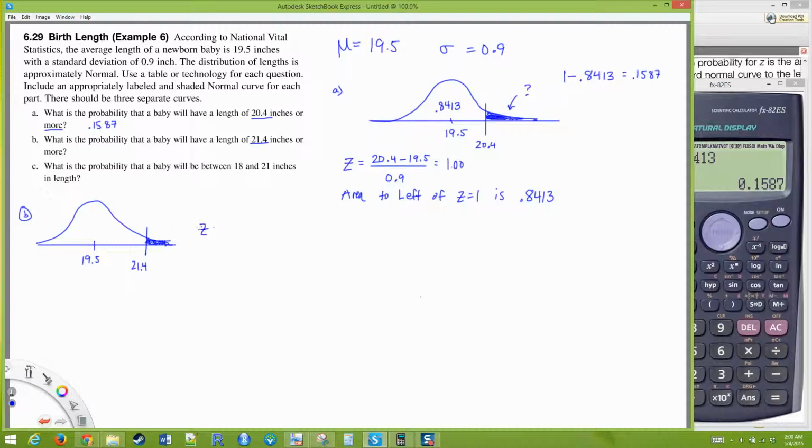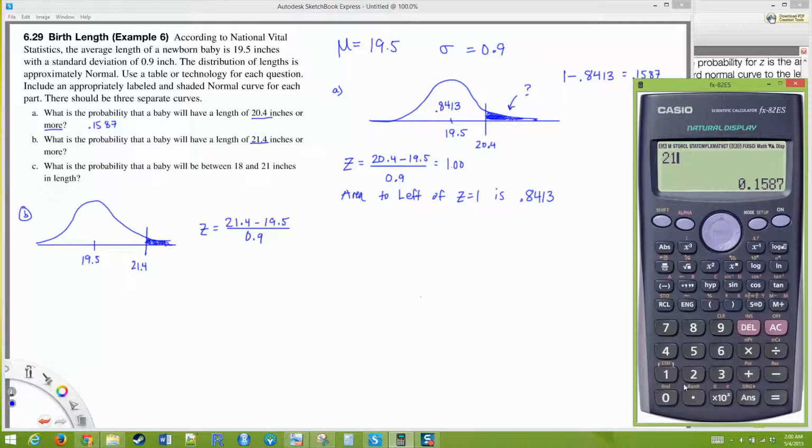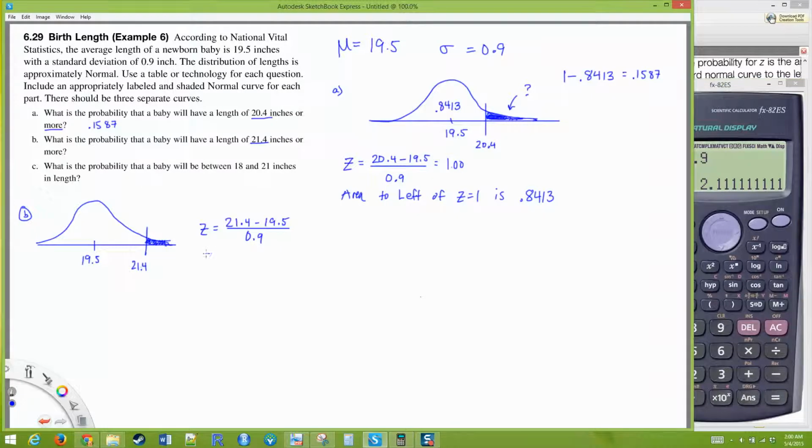So we're going to start off by finding our z-score, which is 21.4 minus the mean of 19.5 divided by our standard deviation of 0.9. 21.4 minus 19.5 gives me 1.9, and I'm going to divide that by 0.9. I get a z-score of 2.11.